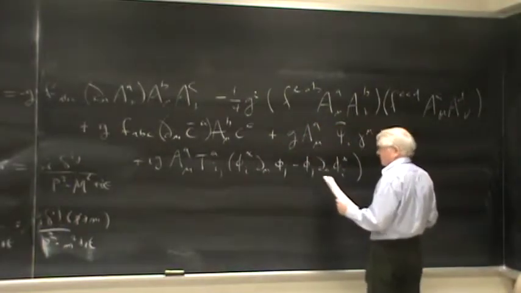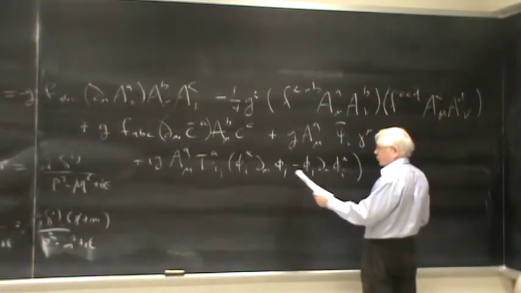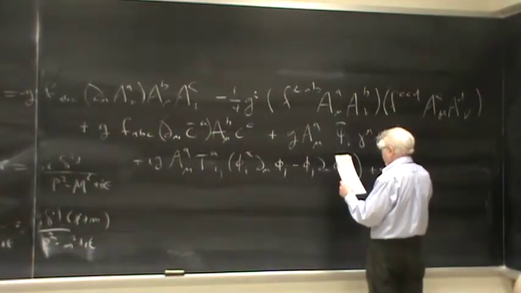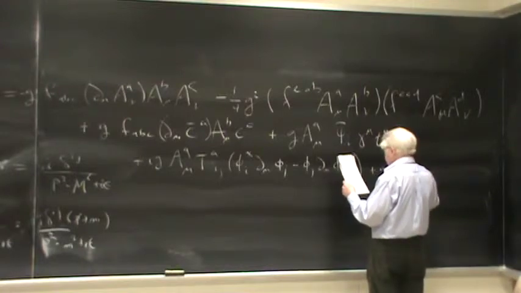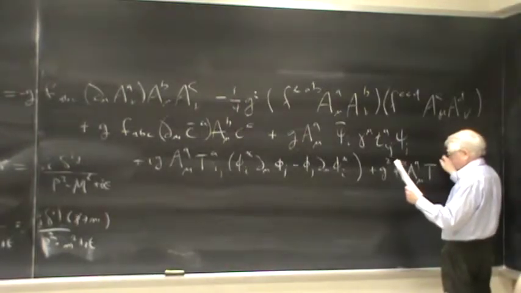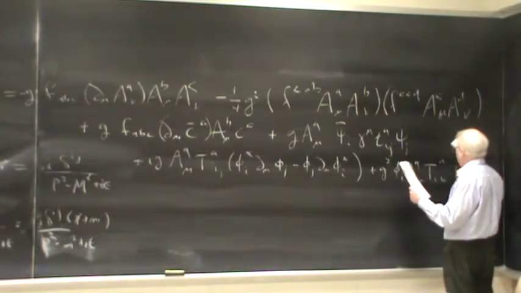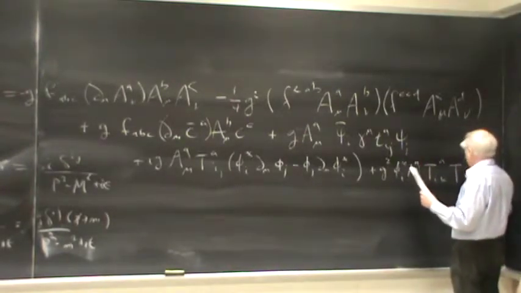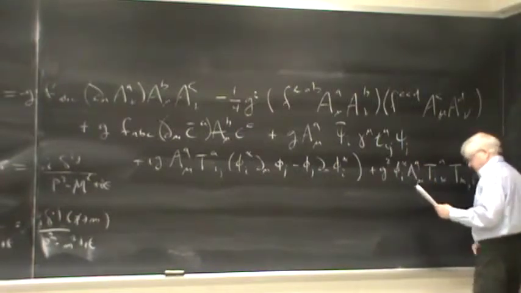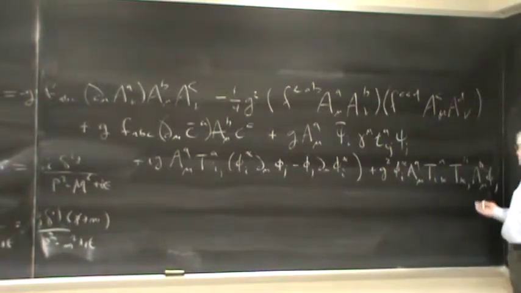So those are the terms that are quadratic in phi and linear in A. And then we have one that's g squared phi_i star A_mu T^A_{ik} T^B_{kj} A^{B mu} phi_j. So that's the one that's quadratic in A and quadratic in scalar fields.